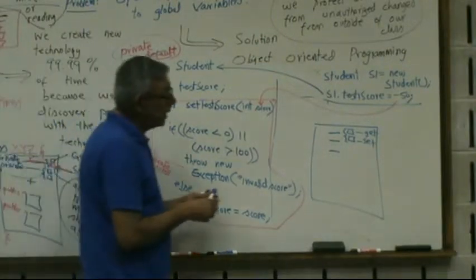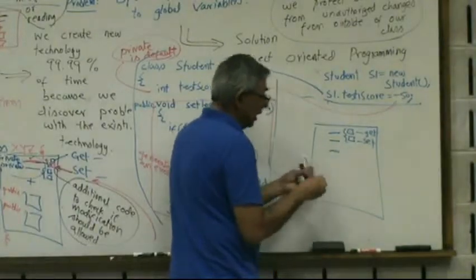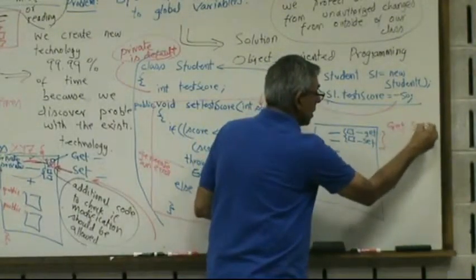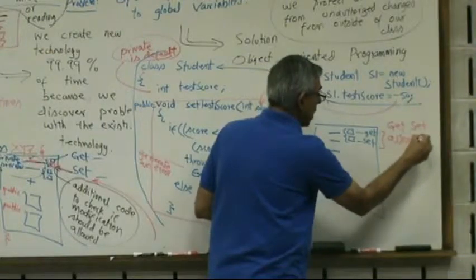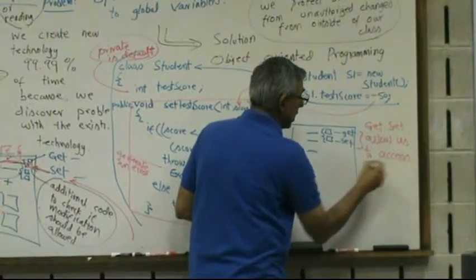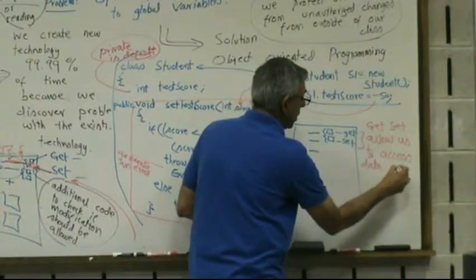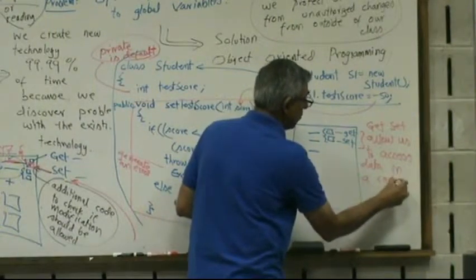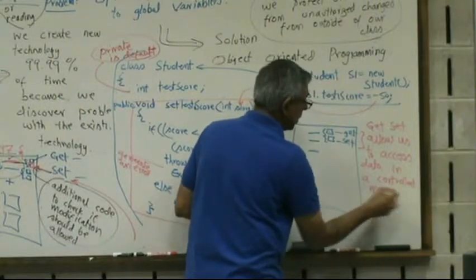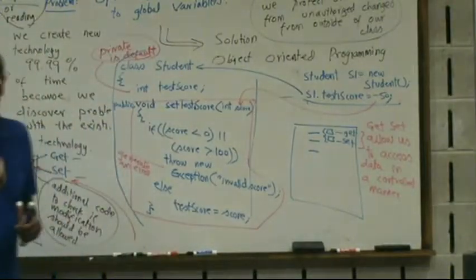So these get and set functions basically allow us to access data in a controlled manner. So we keep the data private.